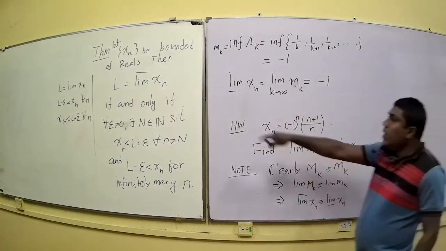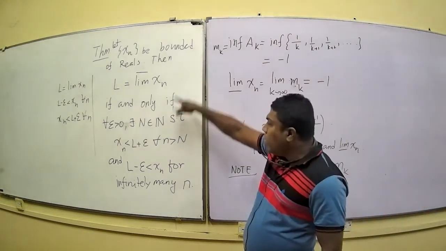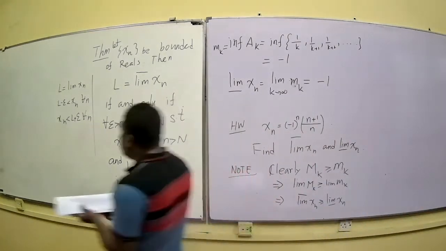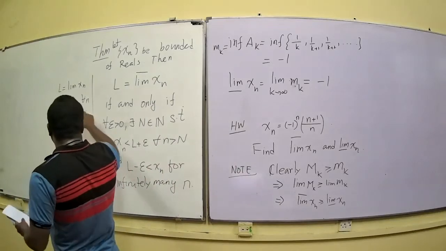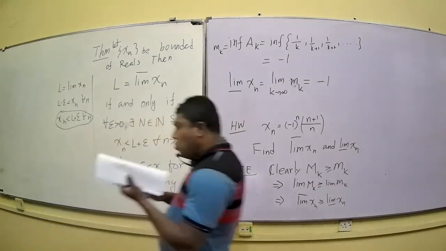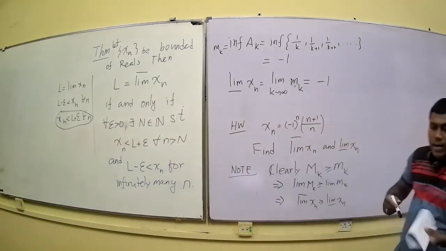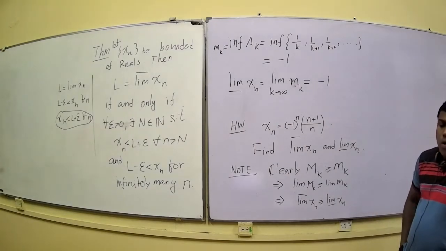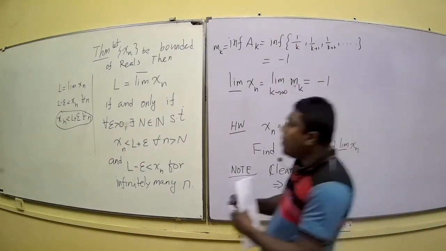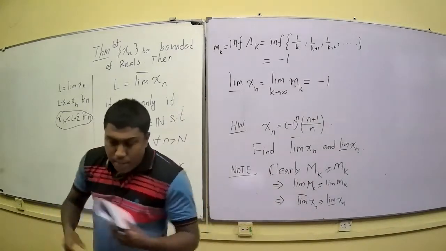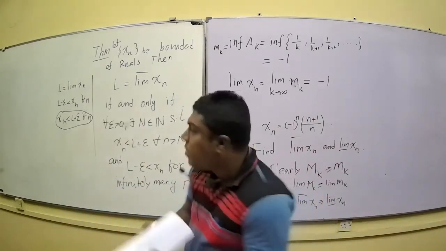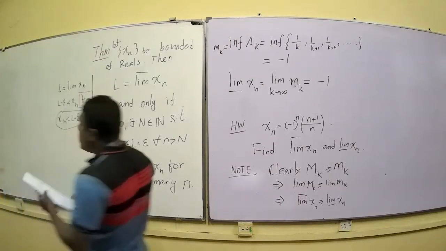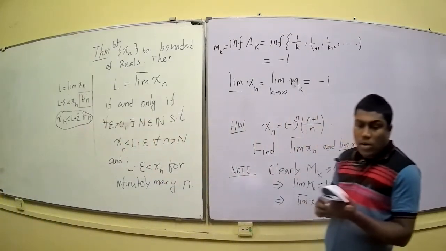But when it comes to lim sup, only one half of that is true. The upper part is true. The lower part is not true for all n. It is true for many n, but not necessarily for all n. So this for all n part is the problem. This red box does not hold.